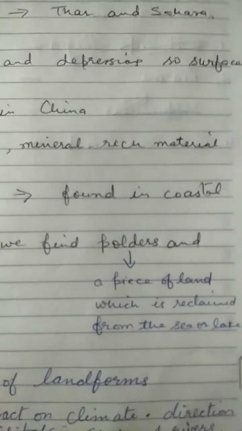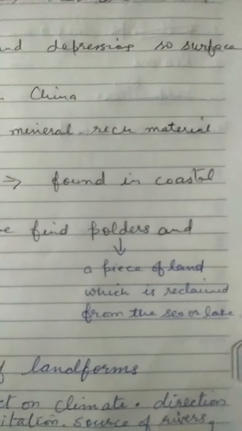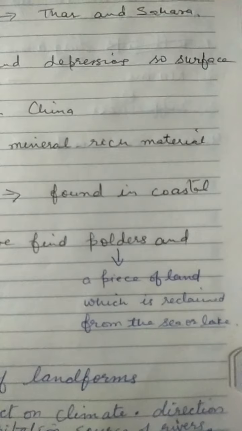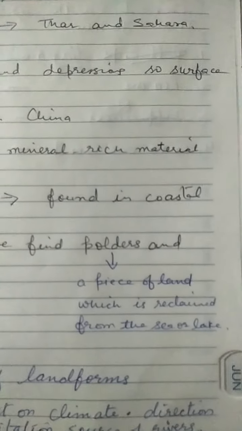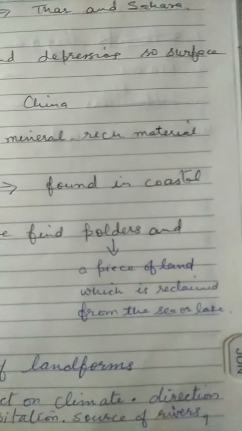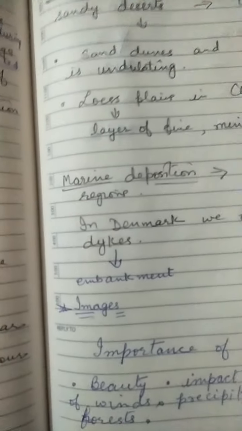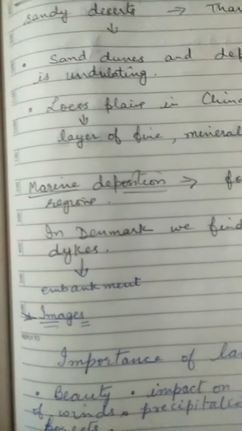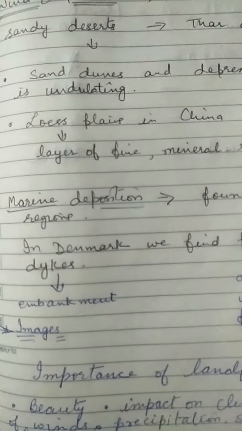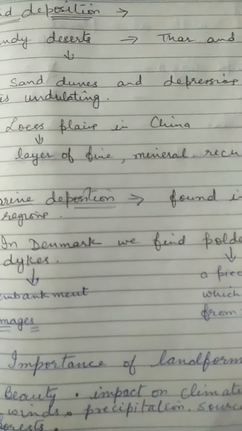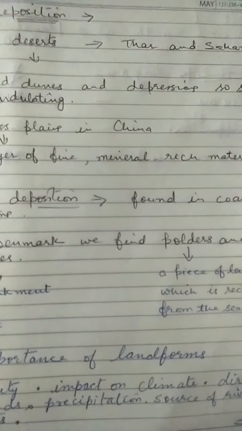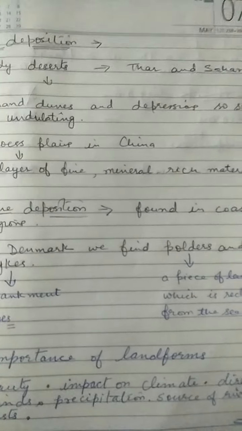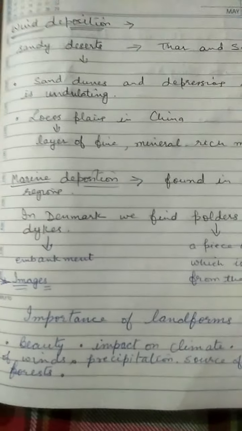Means the coastal area, that is part of the land which is submerged in ocean water, is taken back and an embankment is made along it. A dike is an embankment. So after making the embankment, the water is pumped out of that area and it is used to cultivate crops or for various other purposes.